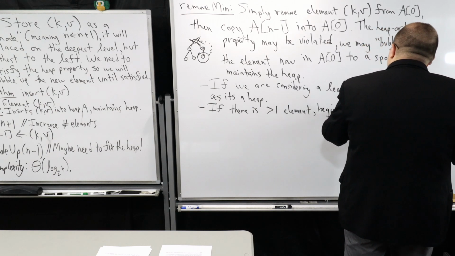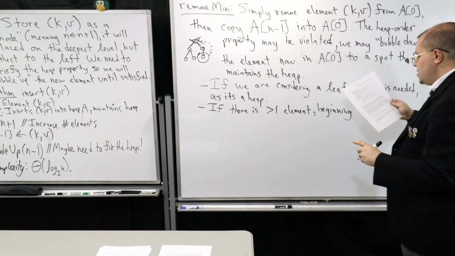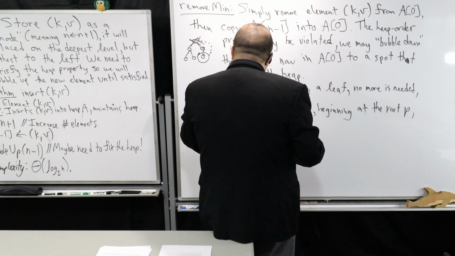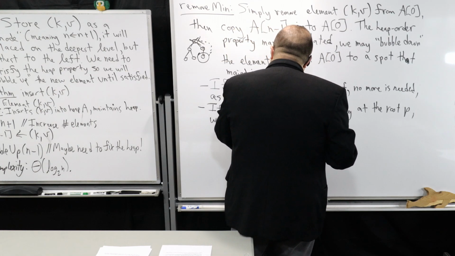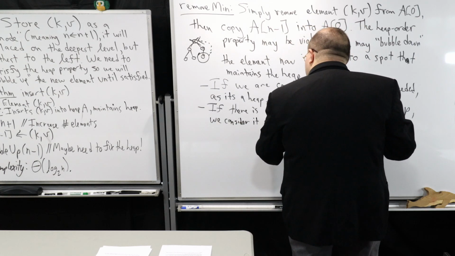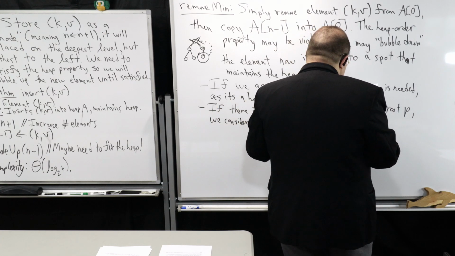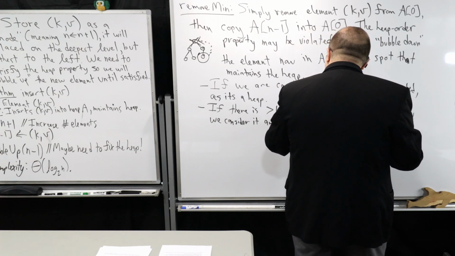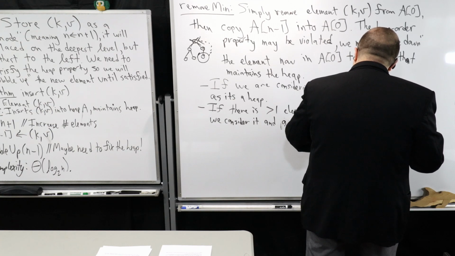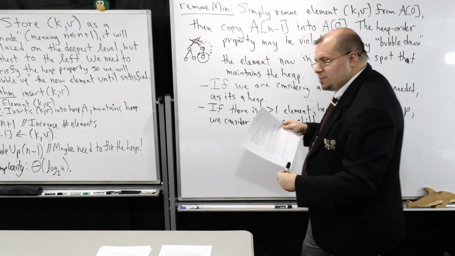Beginning at the root P, we consider it and a child, because there might be more than one, right? We just know there's at least one. A child node C of P. So I'm going to call it C, and we're going to have two cases here.